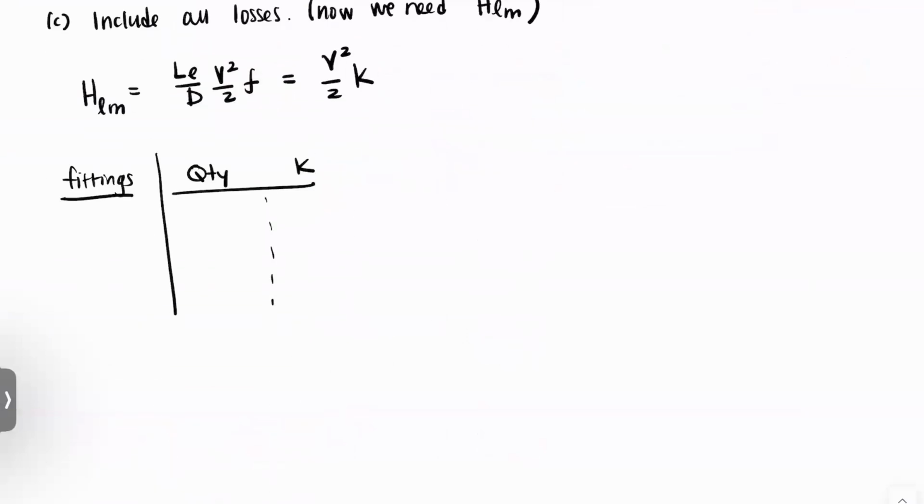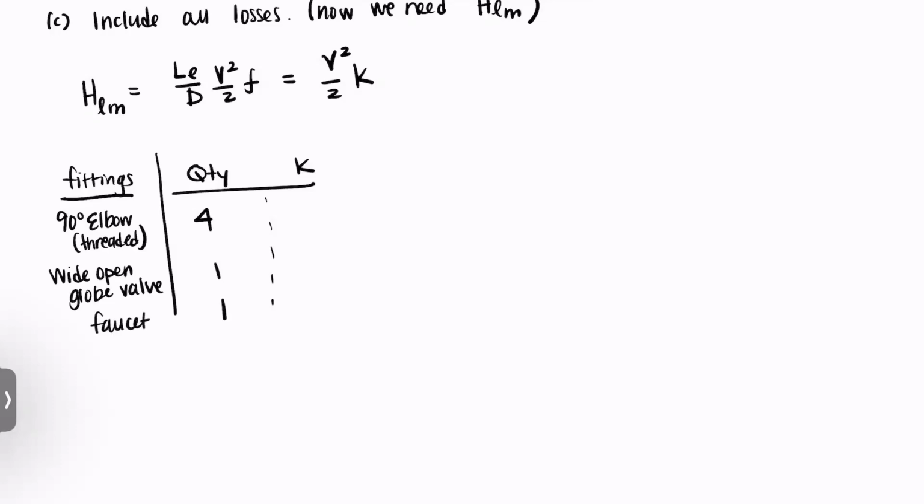So I have a 90-degree elbow, and it was threaded. There were 4 of those. I have a wide open globe valve, and then I also have that faucet.